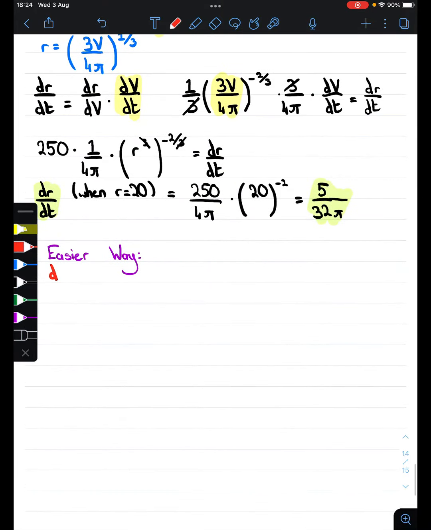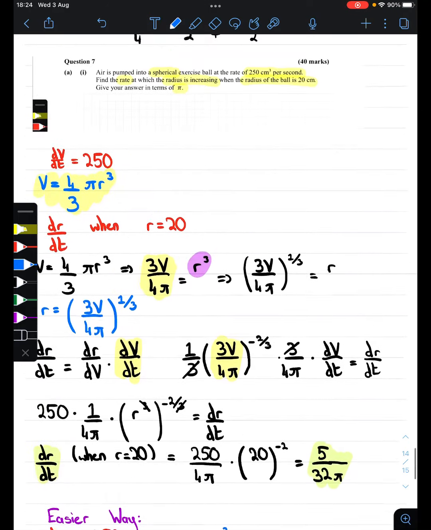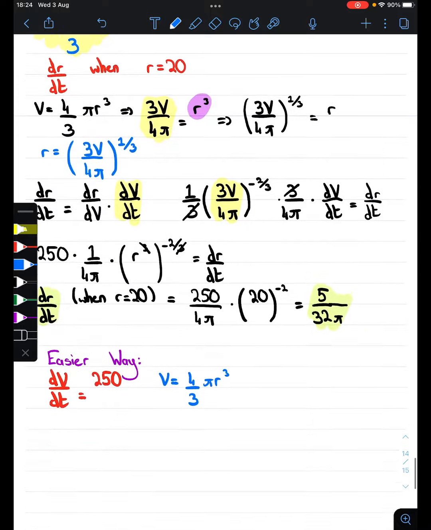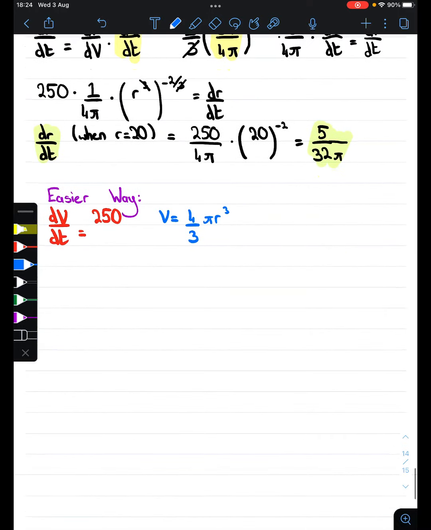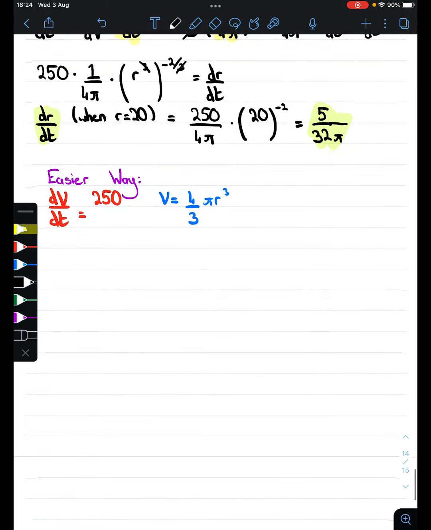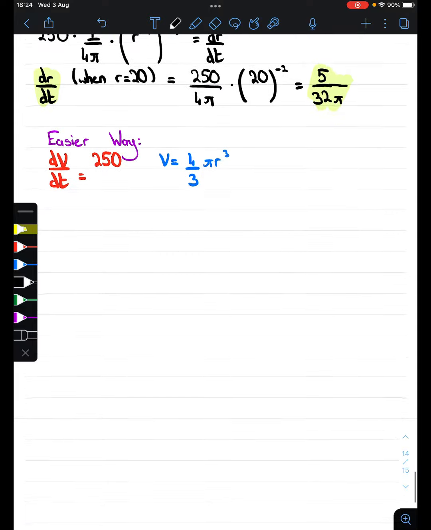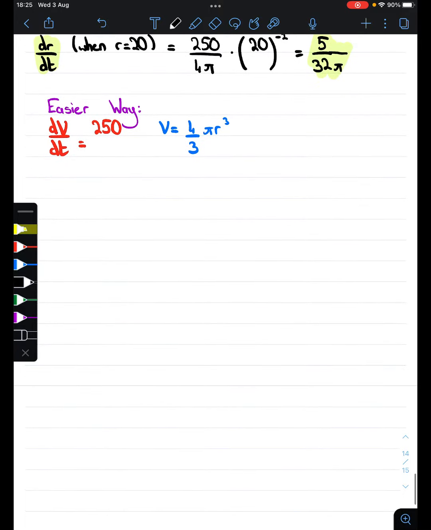we have dv dt is 250. And we have our formula, v equals 4 over 3 pi r cubed. Okay, now what we can do, instead of writing r in terms of v, we can actually just differentiate both sides straight away, and a dr dt is going to come out.